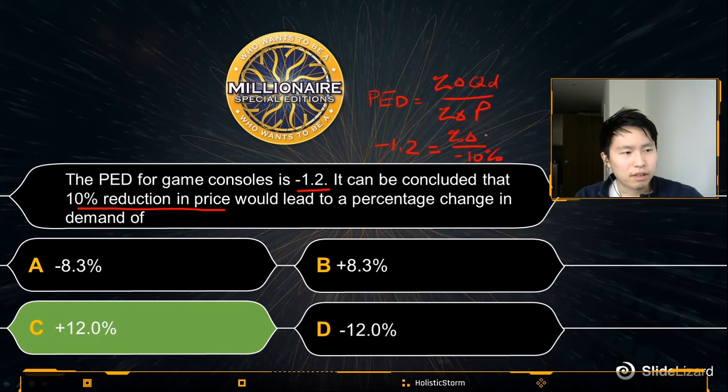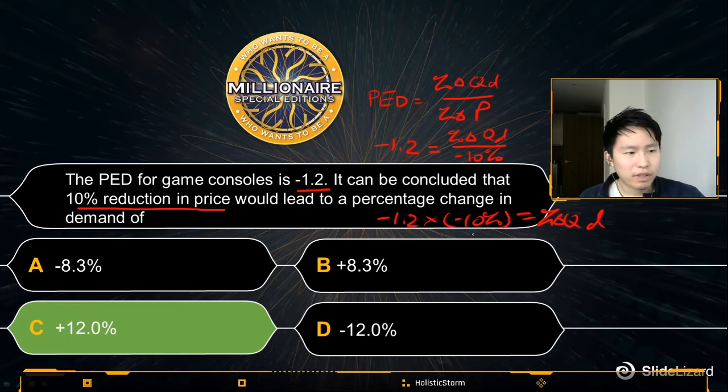So now all we have to do is to find the percentage change in quantity demanded. So in order to solve an equation, if you remember from GCSE maths, we just need to multiply both sides by minus 10% to get rid of the bottom here. So if we do that, then we're going to get minus 1.2 times minus 10% equals percentage change in QD.